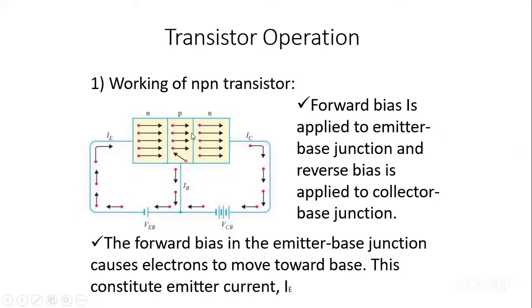Now, at this reverse junction between the P and N, as the VCB is increased, the width of the PN junction, that is the depletion region between the P and N here, will keep widening. The more it increases, the more it prevents current from moving.